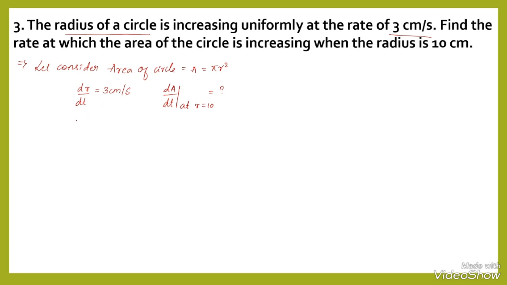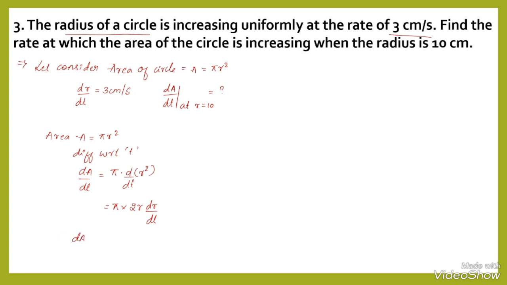So we want differentiation. Area A equals pi r square. Now differentiate with respect to time only. dA by dt equals pi into d by dt of r square, because pi will be constant. Differentiation of r square will be 2r into dr by dt.